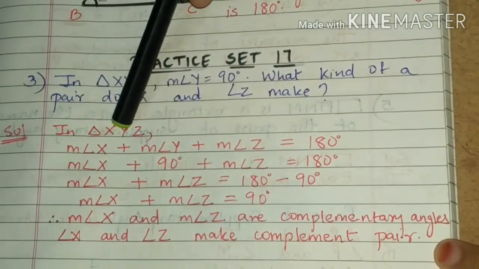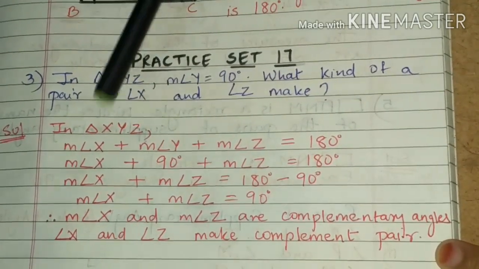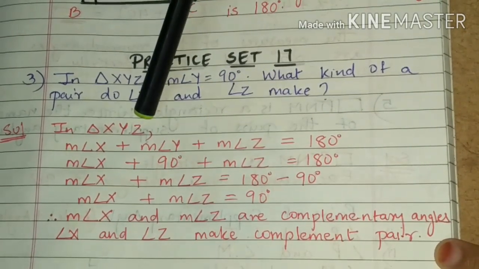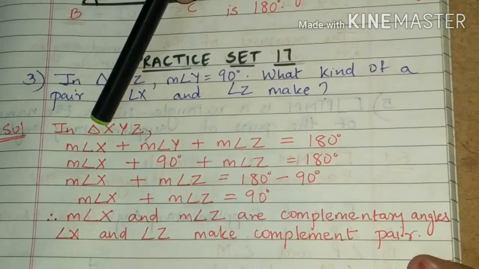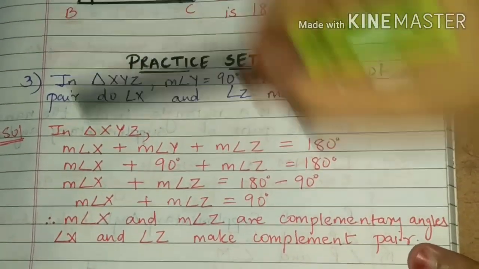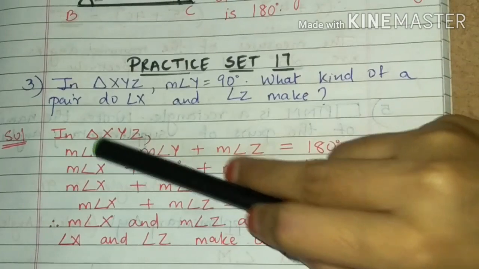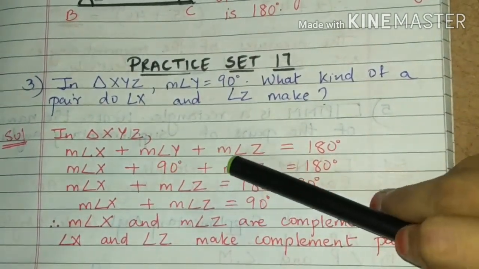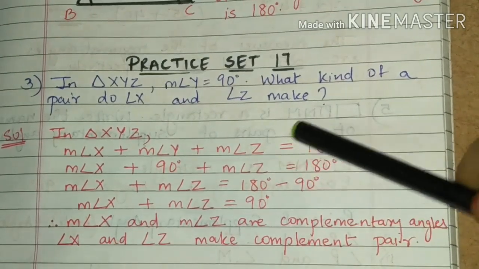In triangle XYZ, measure angle Y is given. As you know, in a triangle how many angles are there? 3. So we are writing that measure angle X plus measure angle Y plus measure angle Z equals how much? 180.